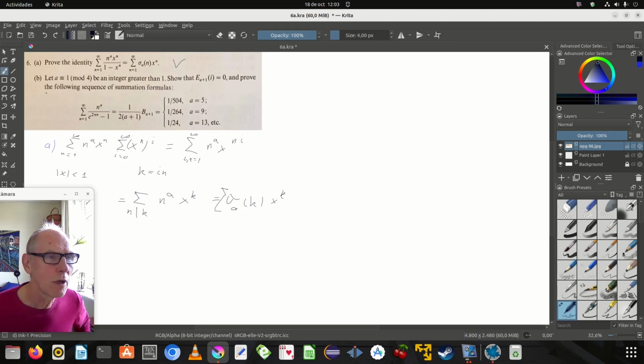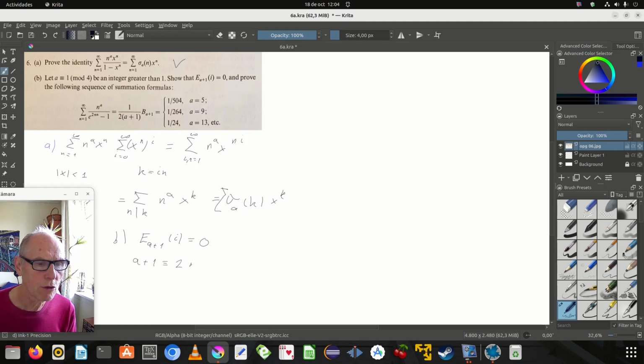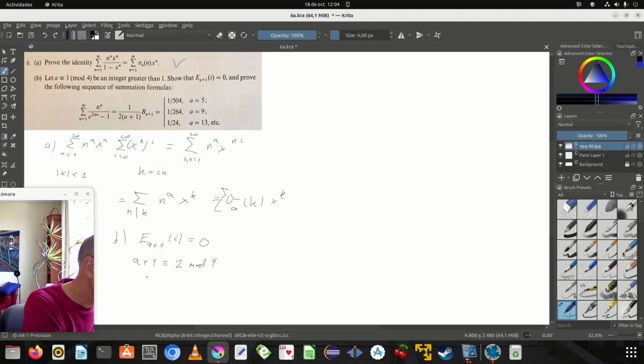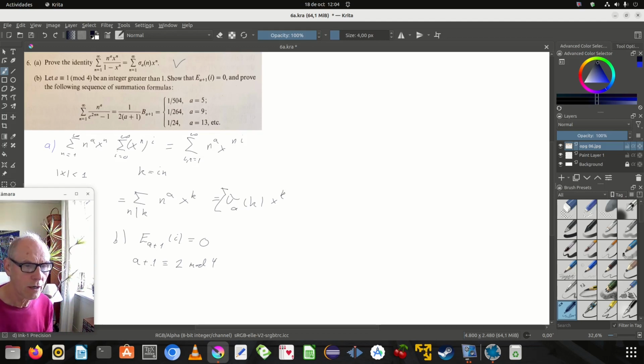a is equivalent to 1 modulo 4, so a plus 1 is equivalent to 2 modulo 4. And we must use proposition 8 again. Otherwise, not taking in the left.